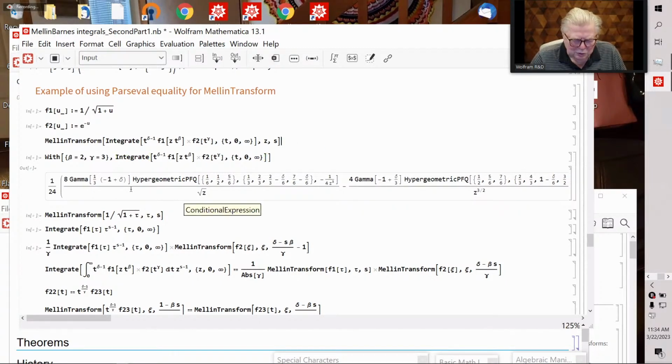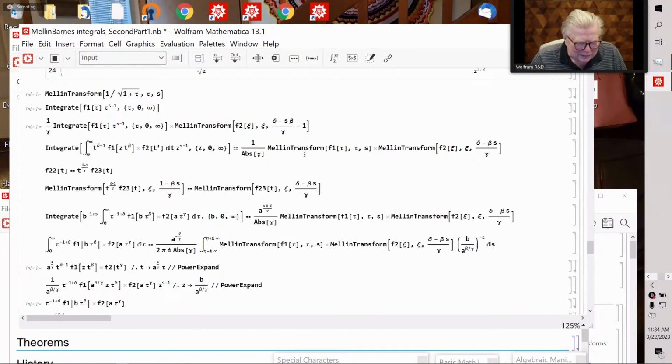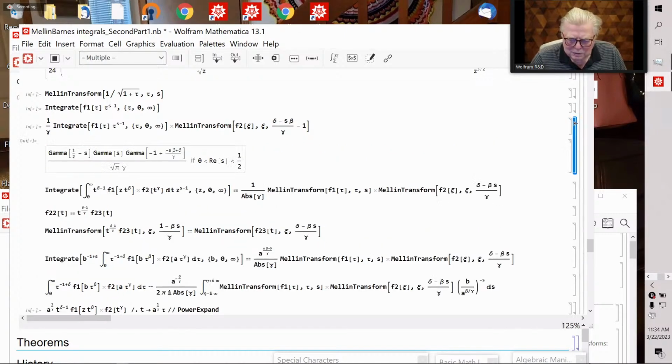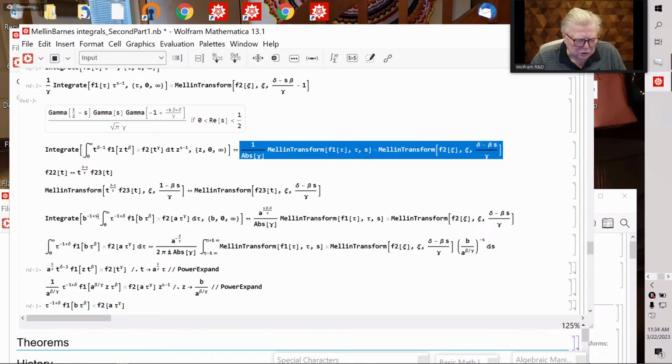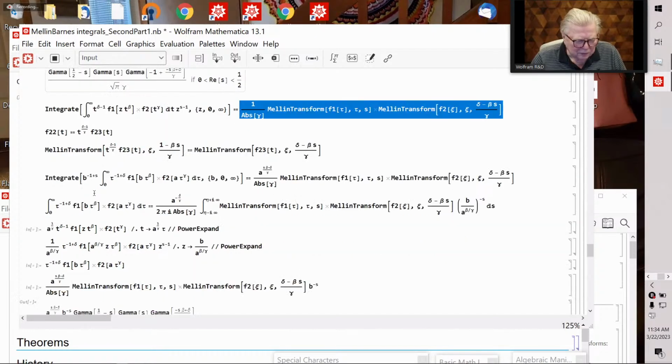It disappeared. It can happen for a technological reason because we made too wide a screen. Basically, you see this integral, it is the Mellin transform of one function multiplied by the Mellin transform of the other function, and we have the resulting formula.